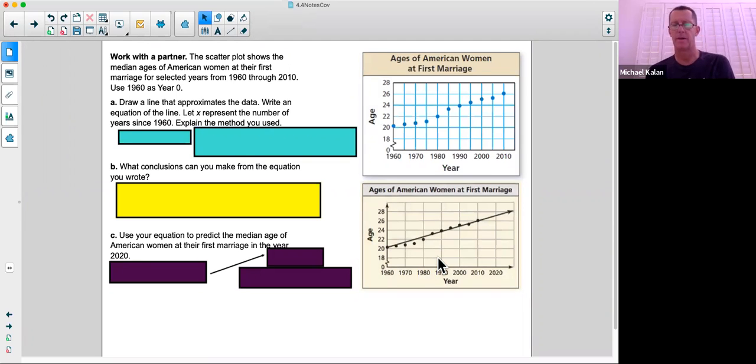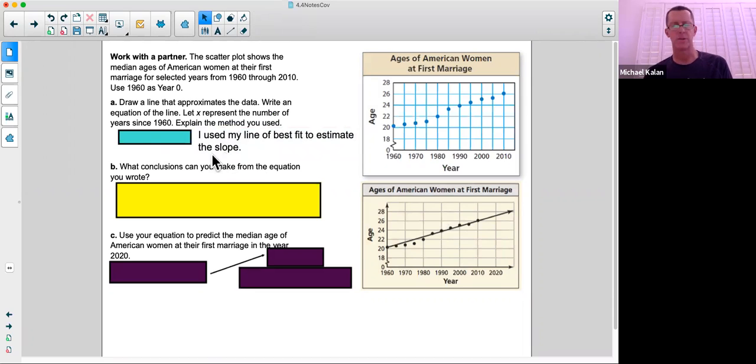Hopefully something like that, right? Notice again, it's real close to most of the data points. There's some that are below, there's some that are on or slightly above it. So again, I use my line of best fit to estimate the slope. And what is that? Well, slope is about 0.1.